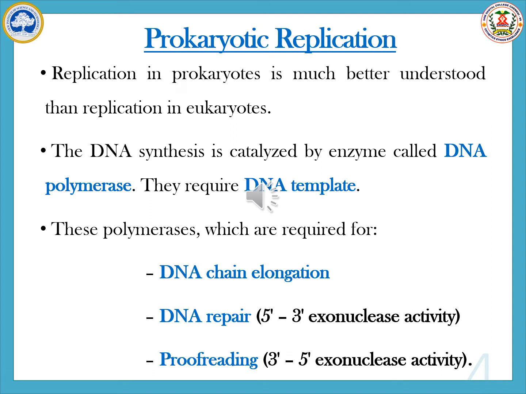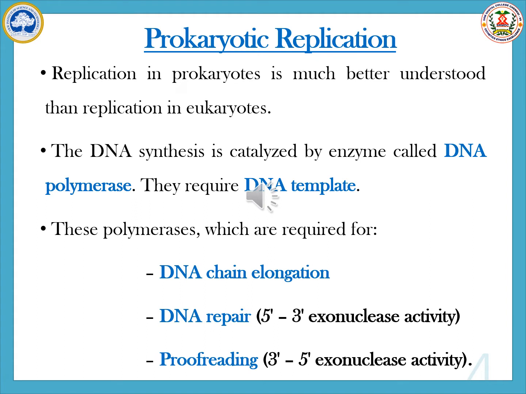I told you already, the replication of DNA in prokaryotes is very well understood when compared to eukaryotic DNA replication. The enzyme involved in prokaryotic replication is DNA polymerase. It is a very important enzyme, and it requires a DNA template because the replication takes place by a semi-conservative mechanism.